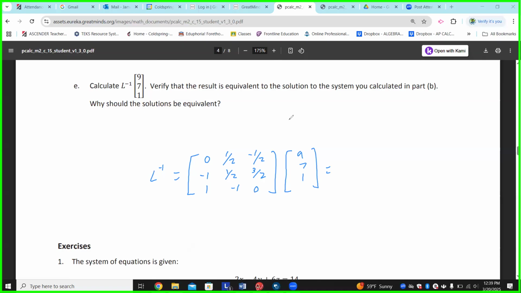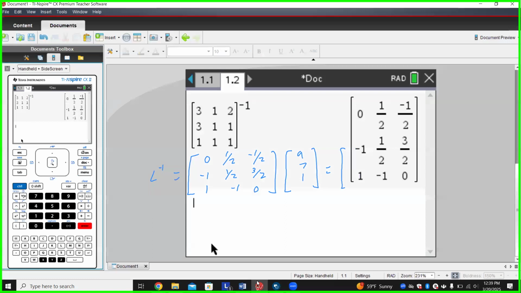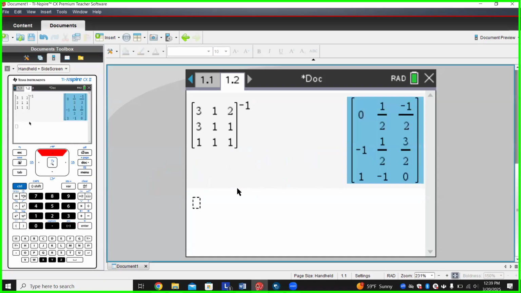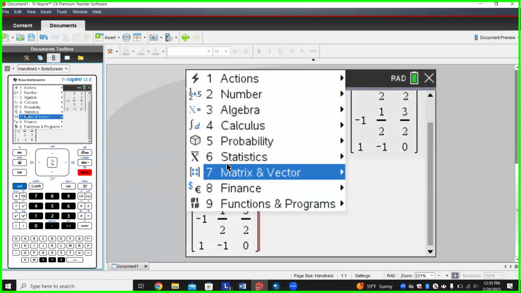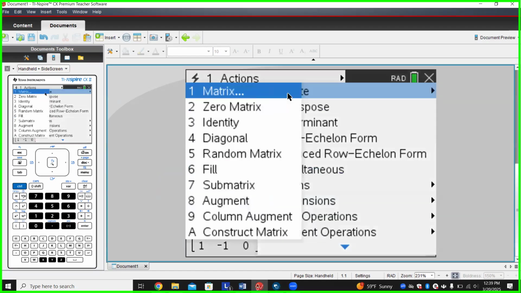After this point, we just have to work it out. Since I don't have much time, a bell's about to ring, you would simply go to your calculator, scroll up to select it, hit enter to copy it, then menu, matrix, create.